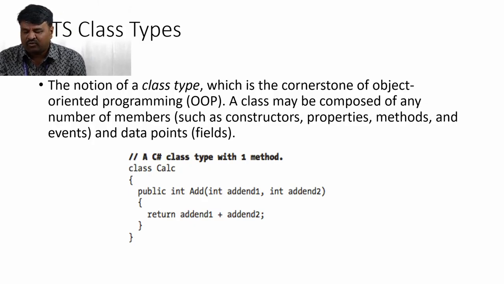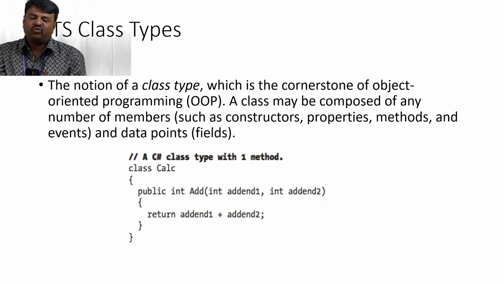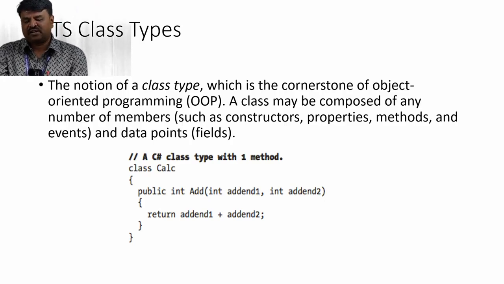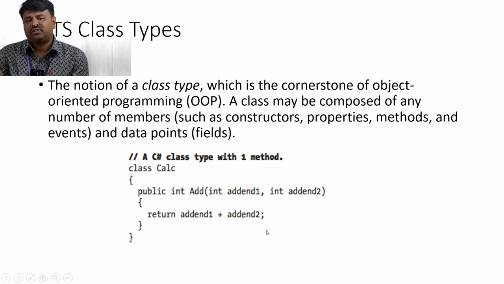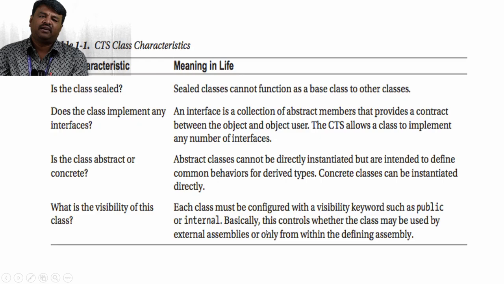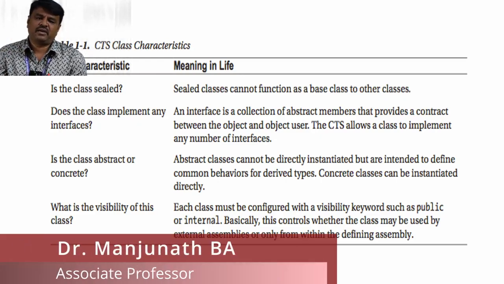There are a huge number of class characteristics present. A sealed class is there, an abstract class is there, and visibility of the class is there. Visibility means public, private, protected, and internal protected. By using those, we can hide the data or show the data to any person.